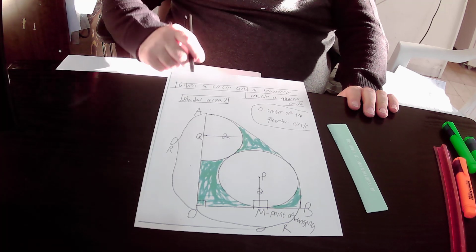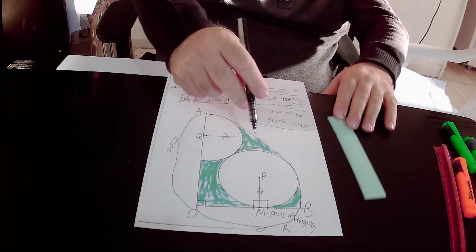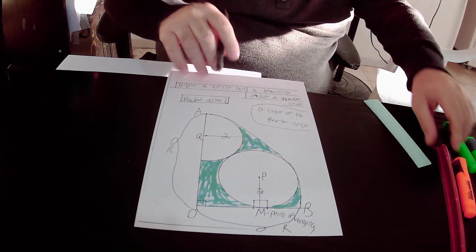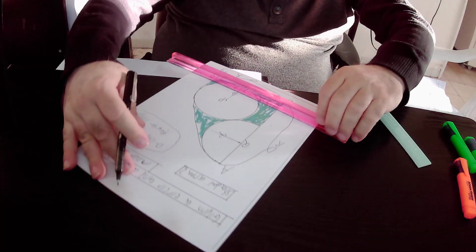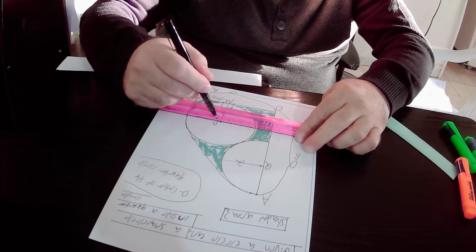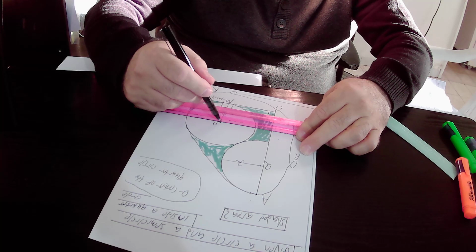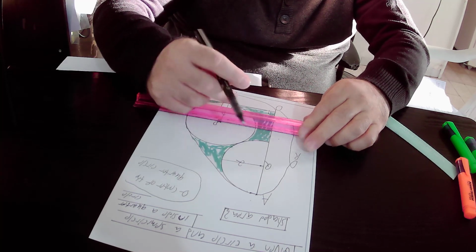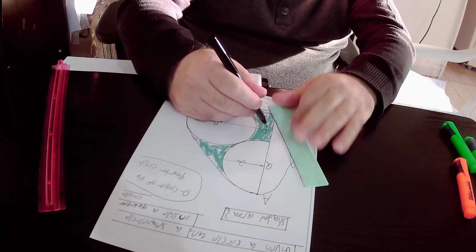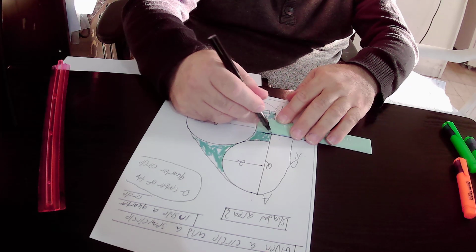In the next step, from the center of this circle, that is actually point P, we will draw a perpendicular on QO. Okay, so here this angle equals 90 degrees, and this angle also equals 90 degrees according to our construction.